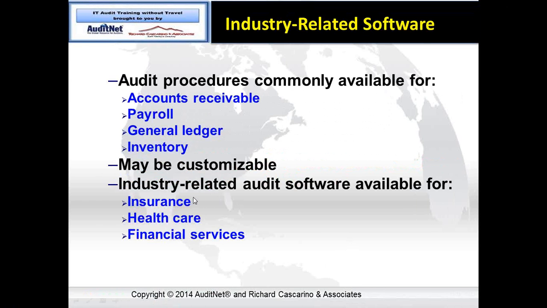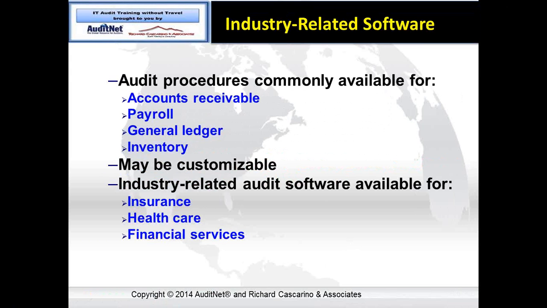Industry-related software, in addition to the standard generalized audit software, specialized audit software, you can get audit procedures commonly available for accounts receivable, for payroll, for general ledger, for inventories, etc. Some of them are standard. They come with that particular software package.